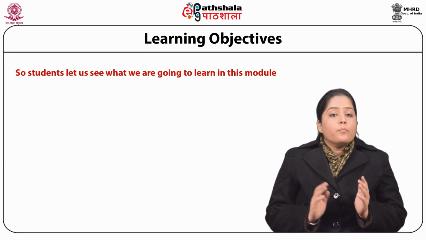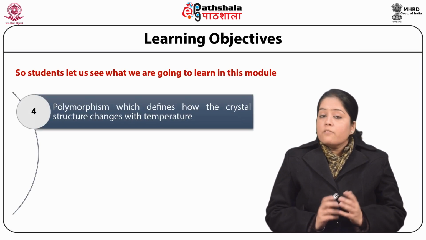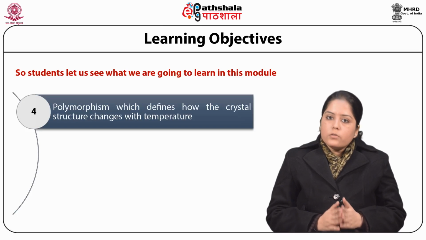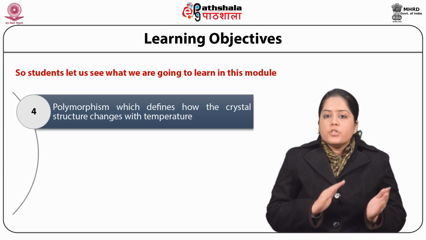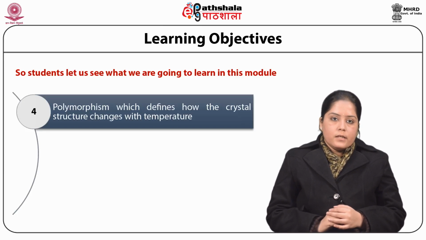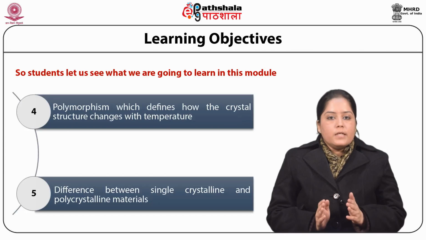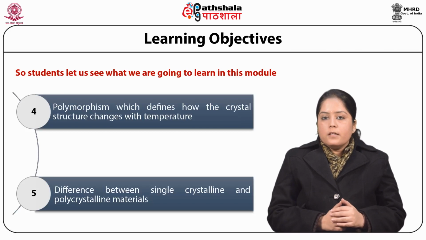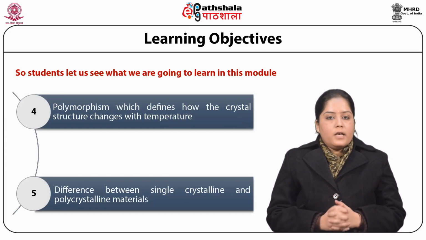Fourth, polymorphism, which defines how the crystal structure changes with temperature. Lastly, the difference between a single crystalline and a polycrystalline material.